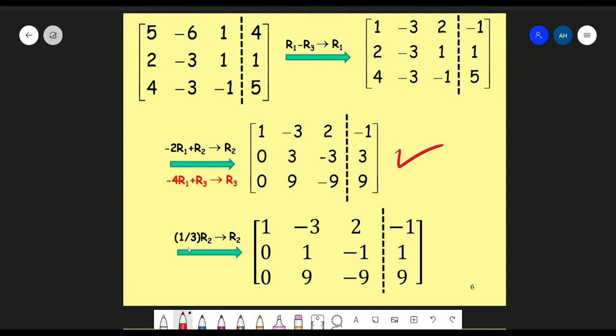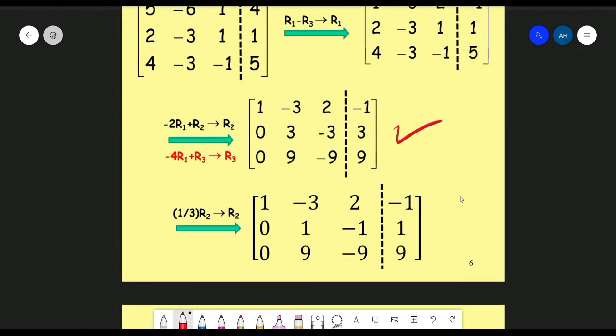So we multiply row number 2 by 1 over 3, or we can say we divide row number 2 by 3. Divide all these numbers by 3. Row number 1 is still the same. We are not going to do any operation on row number 1 in this step.